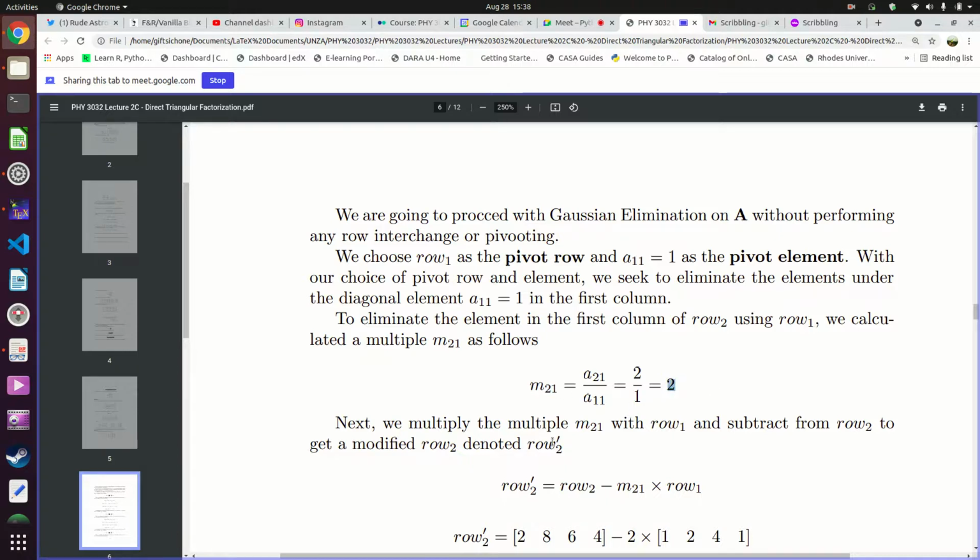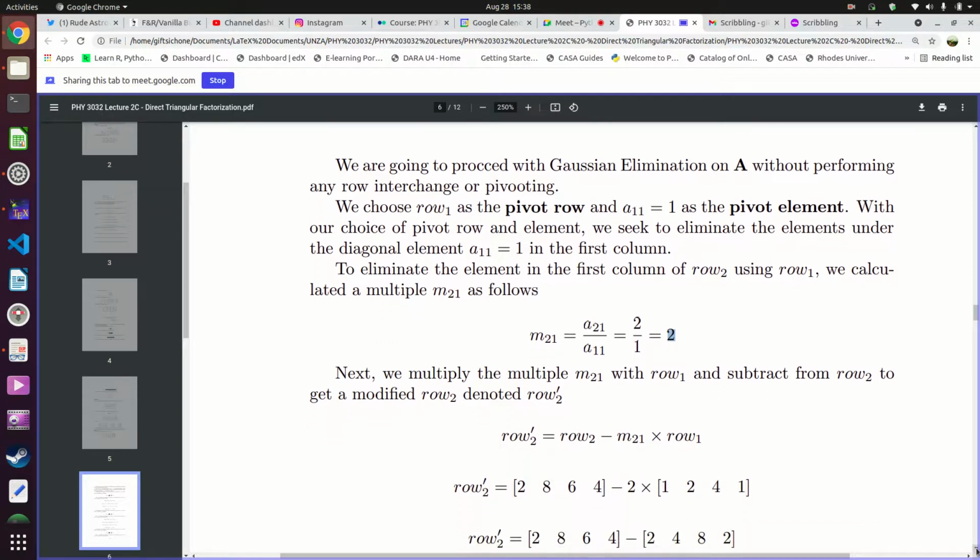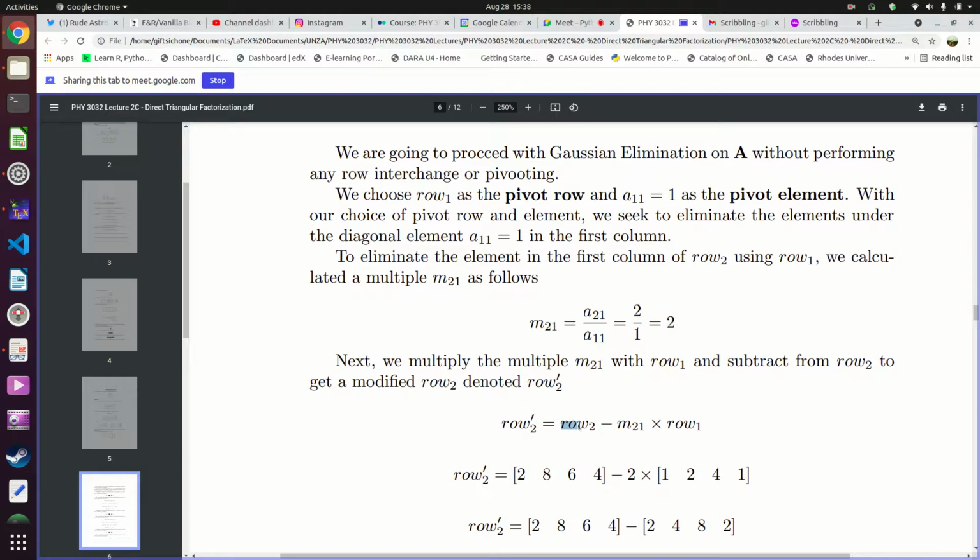Then after you do this, we do Gauss elimination. Because we want to eliminate things, we're trying to take row number 2 minus the multiplier times row number 1. So row number 2, which is 2, 8, 6, 4, minus the multiplier, which is 2, times row number 1, which is 1, 2, 4, 1.